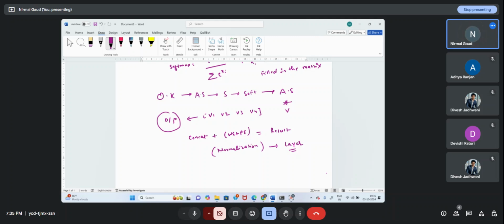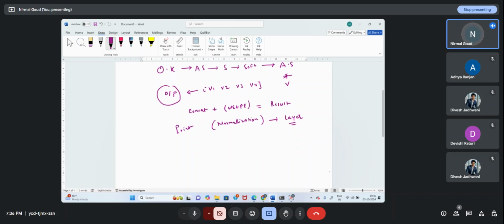Again, we are picking each and every point in normalization to convert it into some standard form. The word normalization always reminds me that we are trying to make the distribution normal.